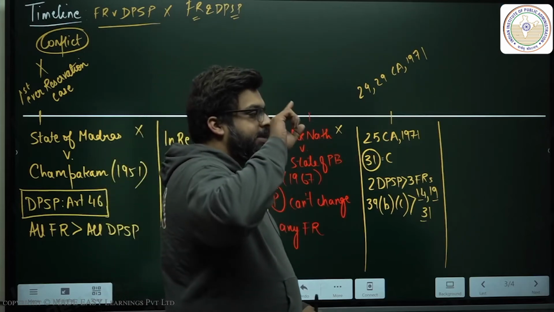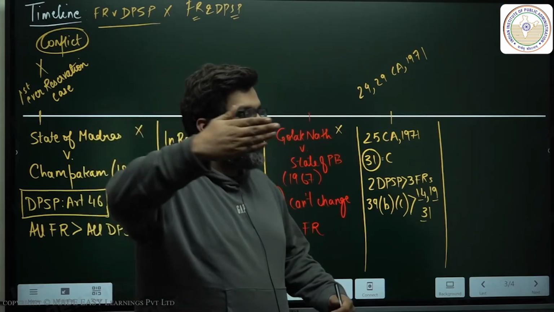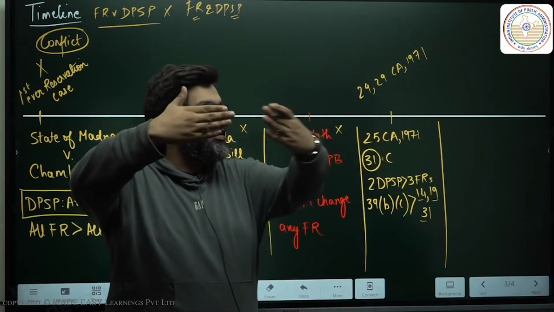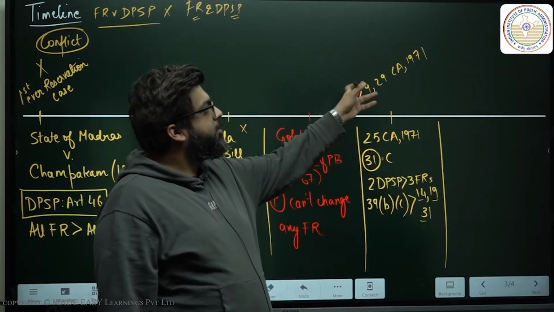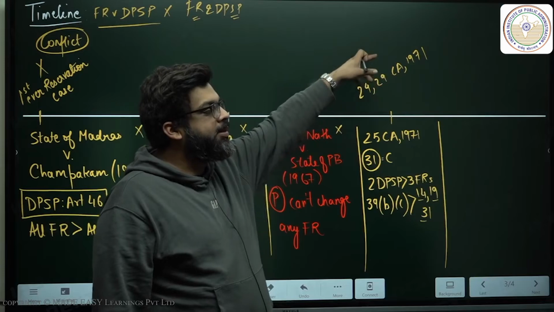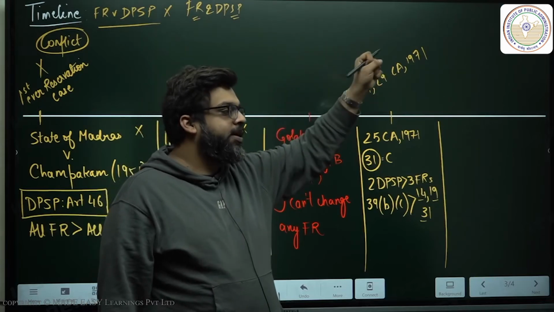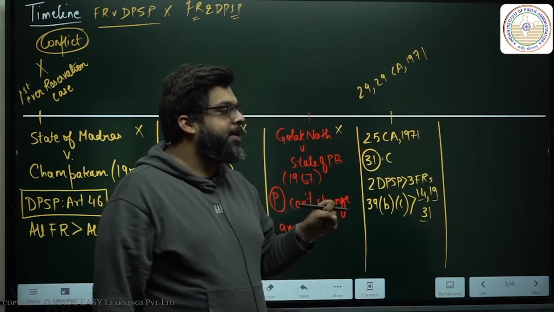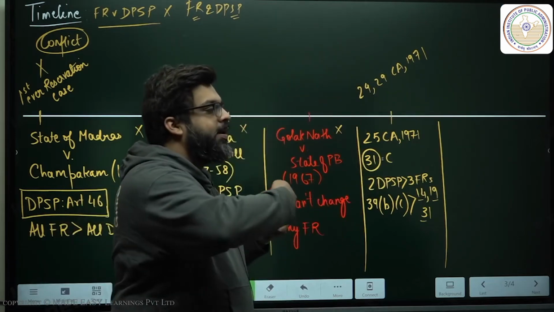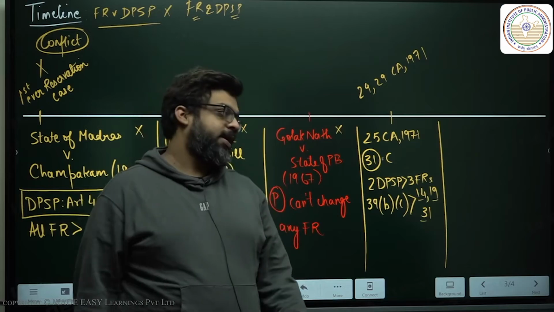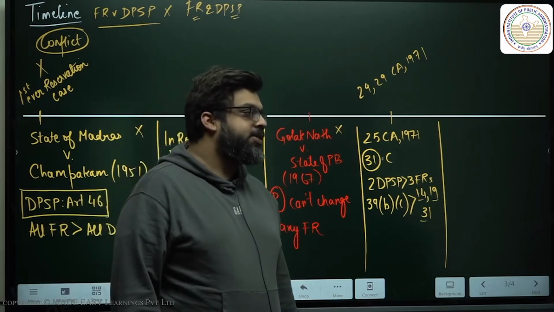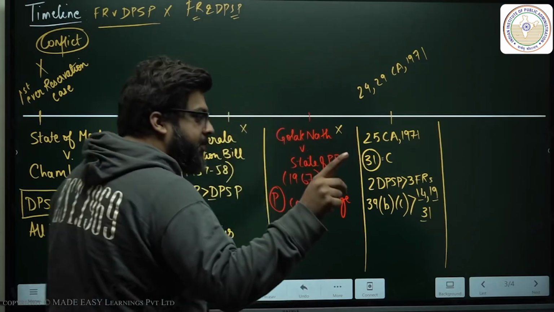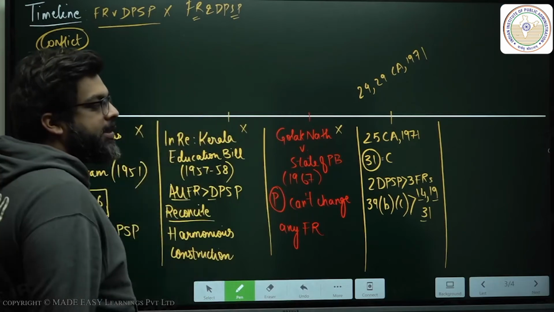So, they said, if the war is already going on one side, now we will attack from the other side. We'll use the 24th and the 29th Amendment to keep strengthening our position on property. And then we're going to use the 25th Amendment, so that now we start attacking from behind the cover of directive principles. Understood this? Now let me tell you how open-ended 39B and C are.